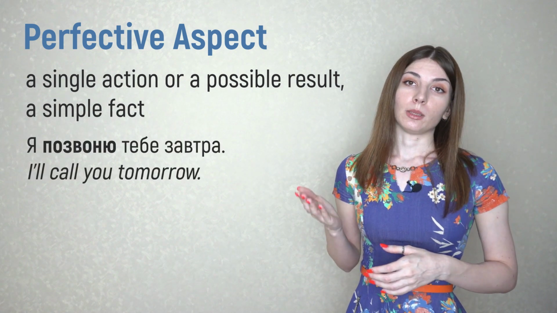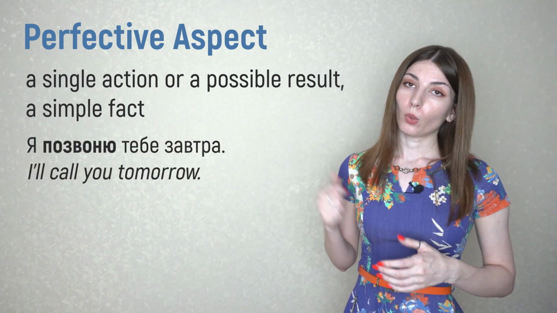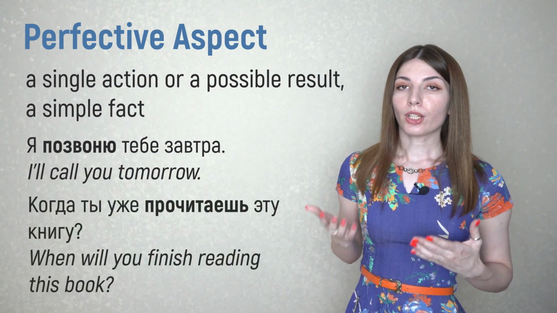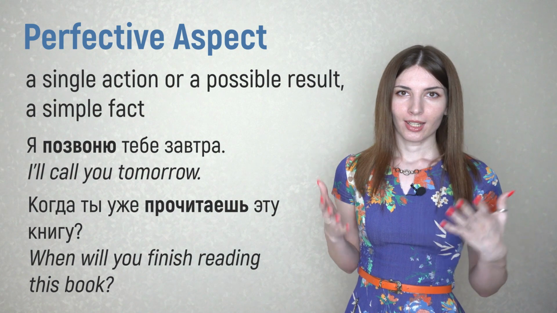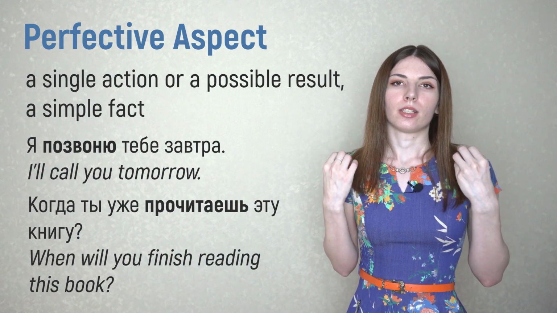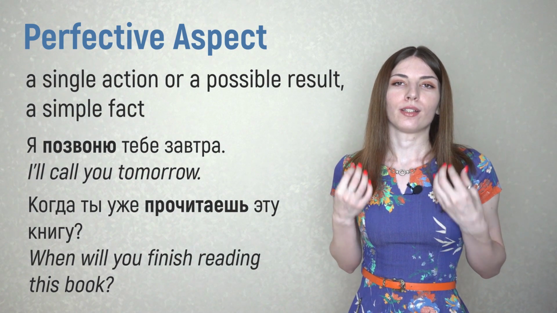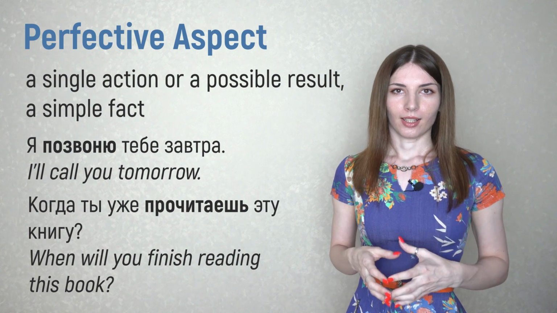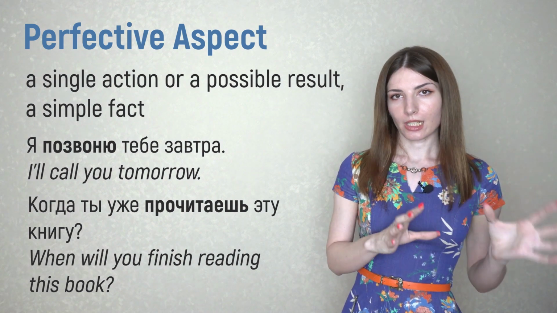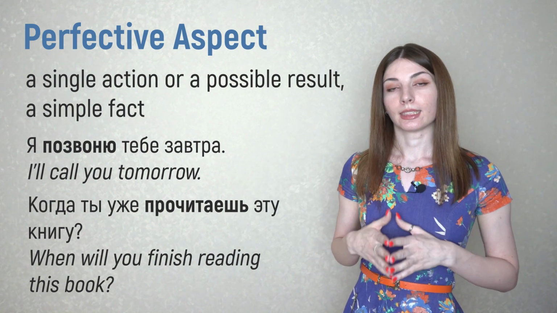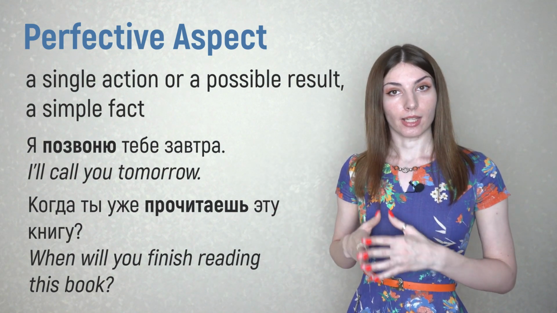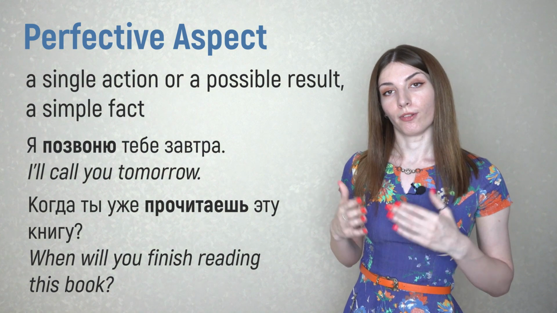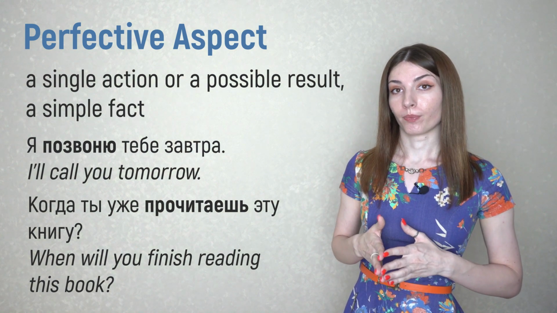So like this, we can have this example. Я позвоню тебе завтра. Or then, когда ты уже прочитаешь эту книгу. Прочитаешь. Here I'm asking about the result, like when you finally finish this book. Not the process of reading, like я буду читать, but я прочитаю, or ты прочитаешь, the result, the goal of finishing this book.